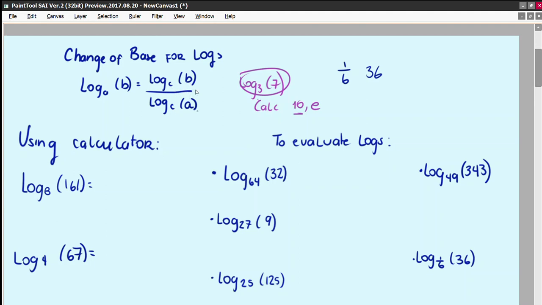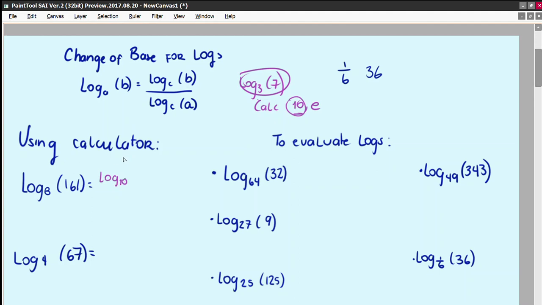So let's apply this. If I want to use a calculator, as I said, I have to change to base 10 or base e. So I'm going to change one of each. If I want to plug this into a calculator, I'm going to change it to base 10. So I'm going to apply the change of base formula by doing logarithm of my new base.